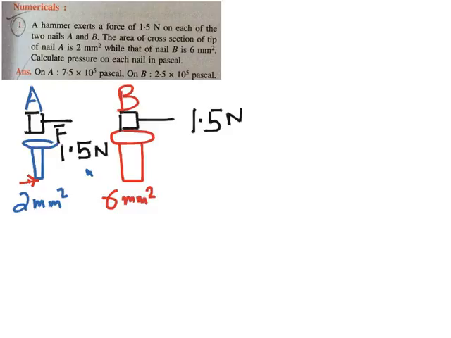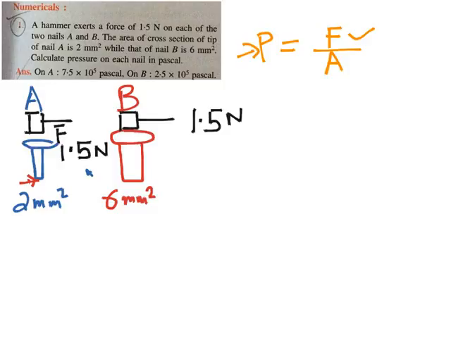So we know that the formula for pressure is nothing but pressure is equal to force acting on unit area, that is, mathematically, pressure P is equal to force F by area A. Now here the forces are the same, so normally the pressure should be the same, but the area of nail A is different from the area of nail B. So if the areas are different, obviously the resultant pressure will be different, because the numerator is the same but the denominator varies. So if the denominator varies, the resultant P will also vary.